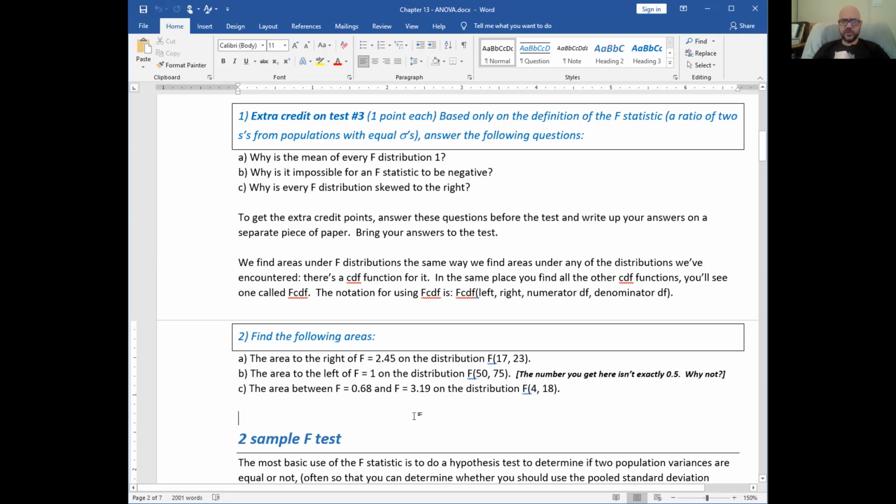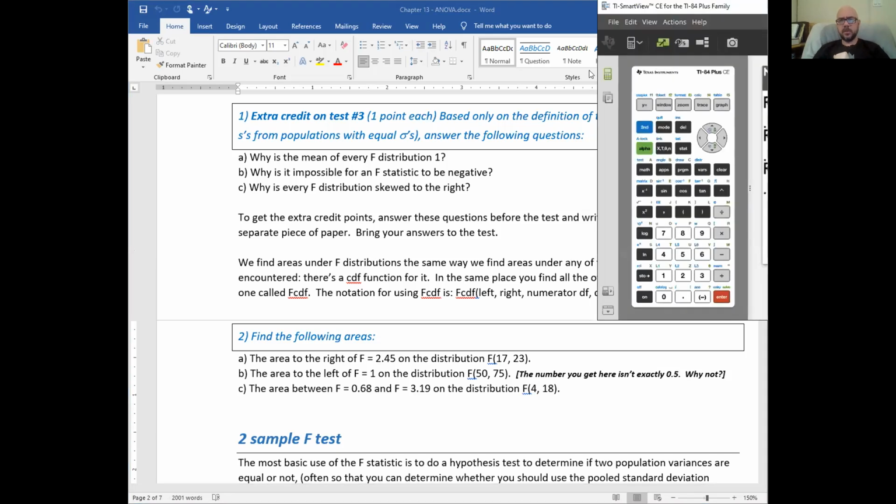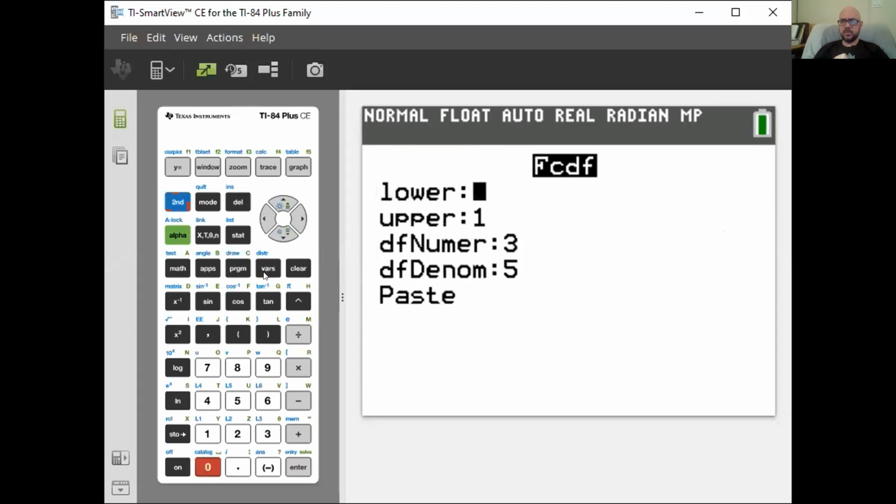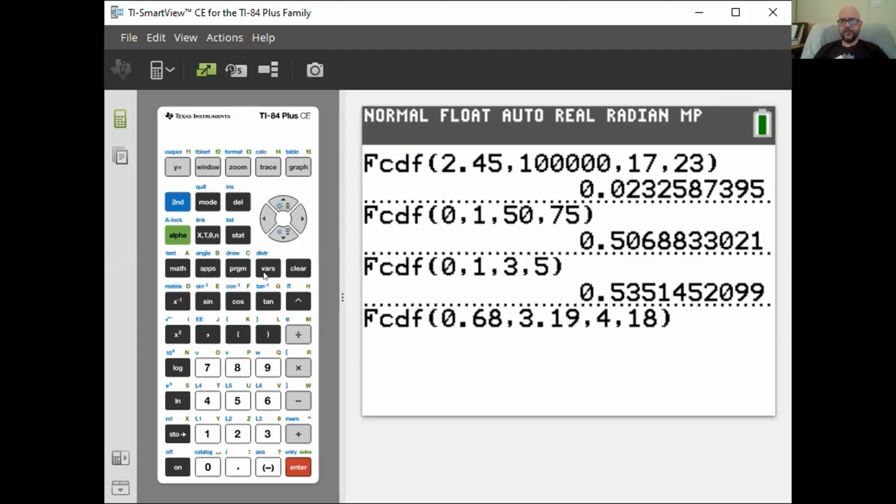So I'm just going to do FCDF 0.68 up to 3.19 with 4 and 18 degrees of freedom. There you go. That's how you use FCDF.